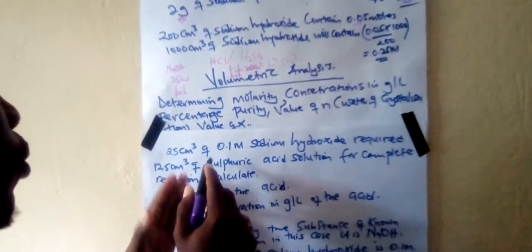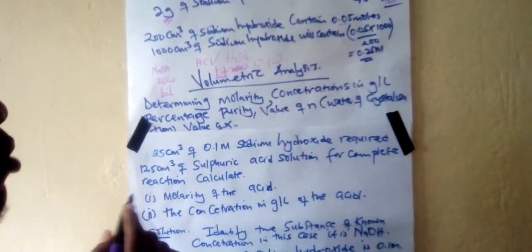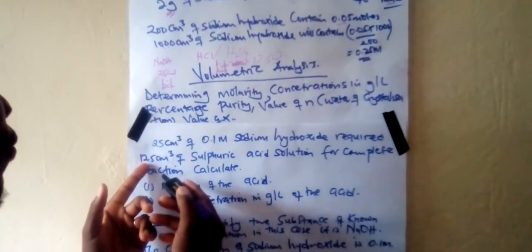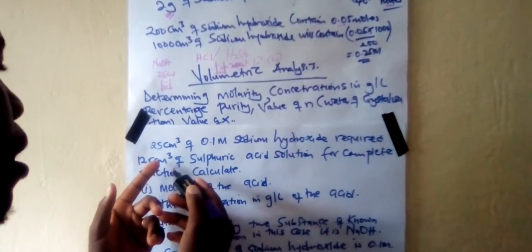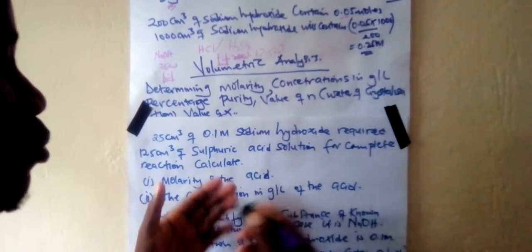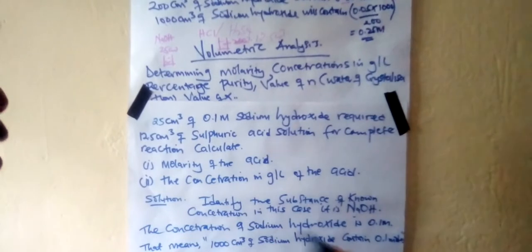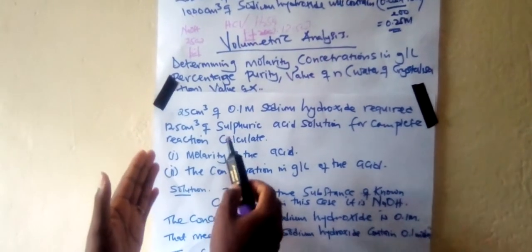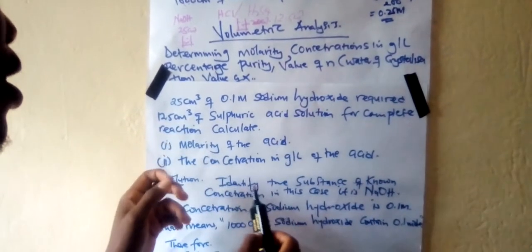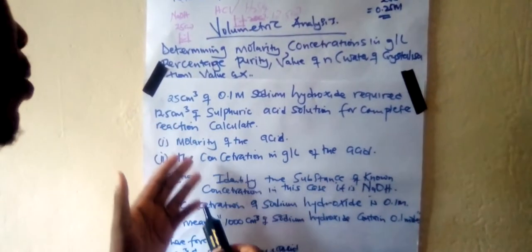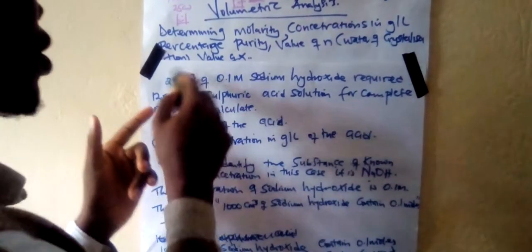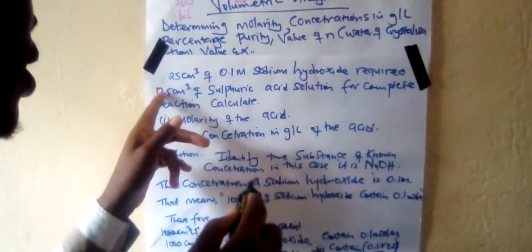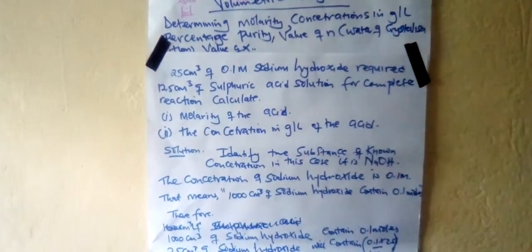We have 25 centimeters cubed of sodium hydroxide that required 12.5 of sulfuric acid for complete neutralization. It means when you have a reaction between sodium hydroxide and sulfuric acid, 25 centimeters cubed of sodium hydroxide required only 12.5.